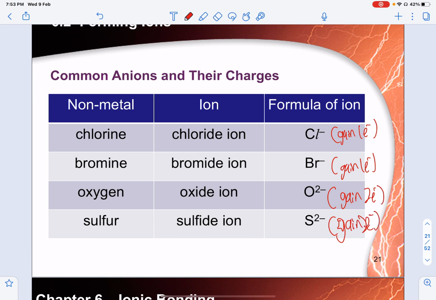So how will we work out the group number? It depends on 8 minus 1. So if you have 8 minus 1, you have group 7. 8 minus 2 electrons, group 6.